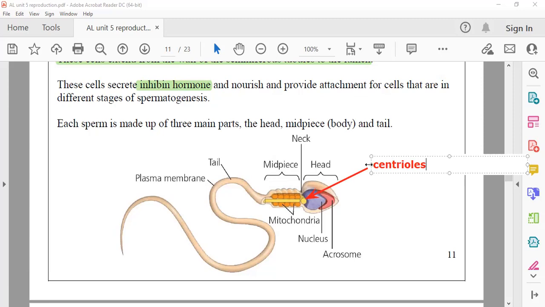What are the components in the head region?